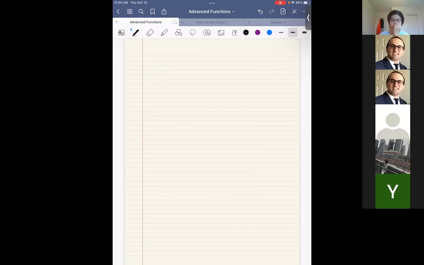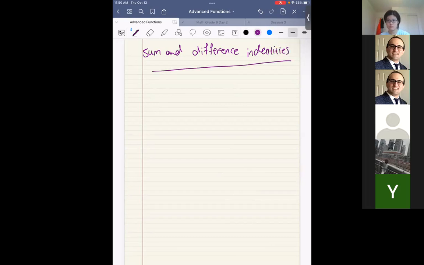Okay, so let me go to the next topic, which is sum and difference identities. So now the question is, if you have two angles like A and B, what is sine of A plus B?